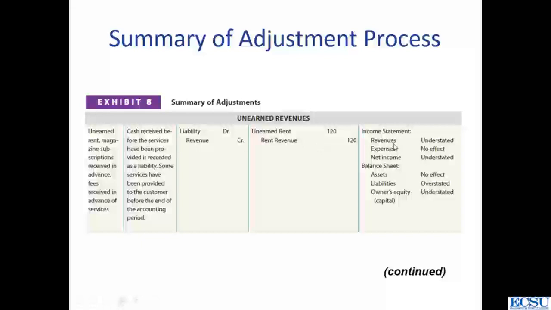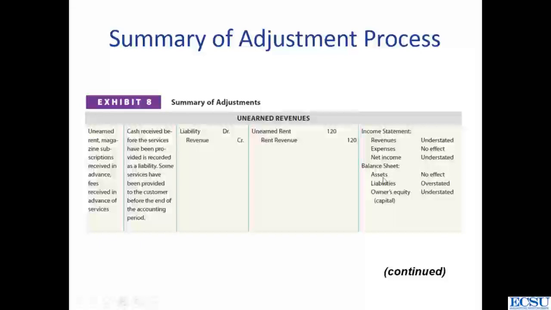Now, if you don't do that, what will happen? Of course, you will not have accounted for the revenue, so that would be understated. Since no expenses are involved, no effect on expenses, net income will also be understated because the revenues have been understated. Net income is directly related to the revenues account and indirectly related to the expense account, or they have an opposite polarity with the expense.